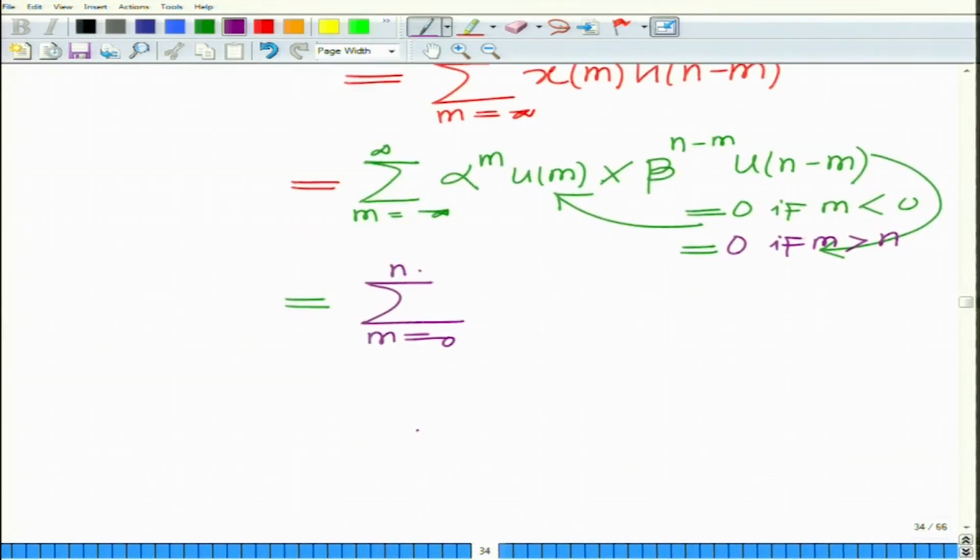So, m equal to 0 to n, this is alpha to the power of m u m beta to the power of n minus m u n minus m.